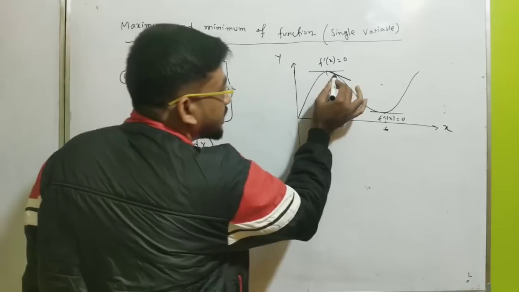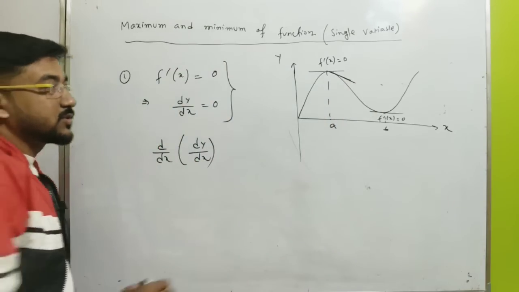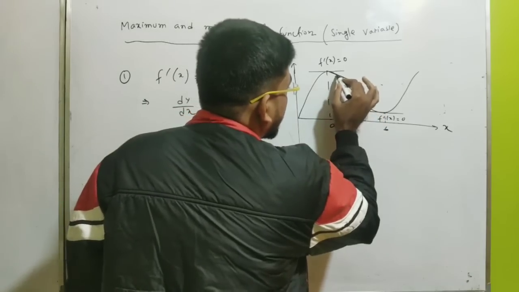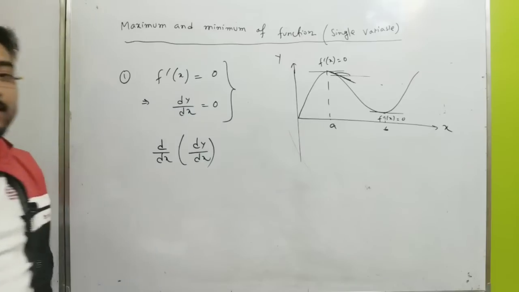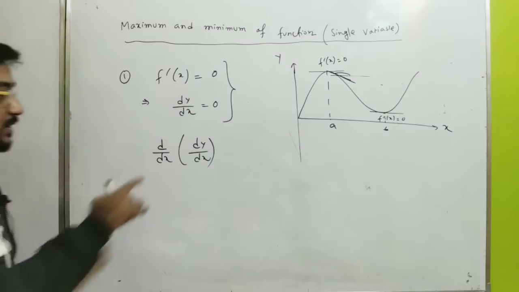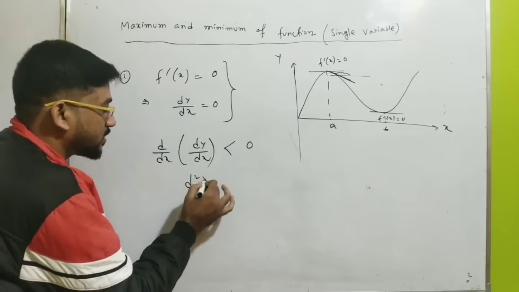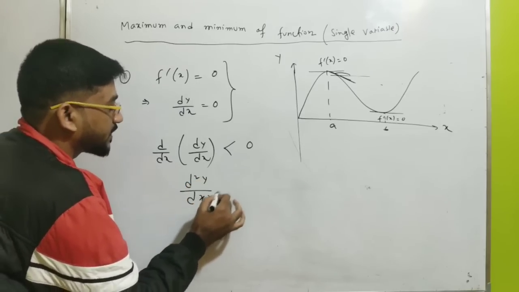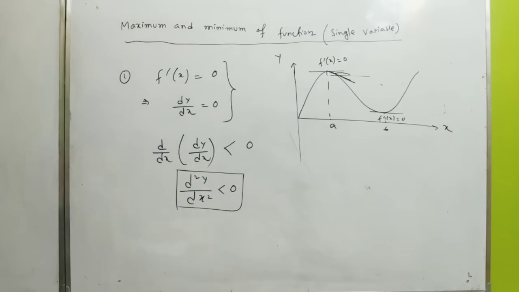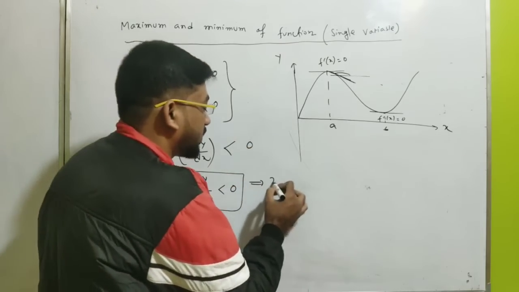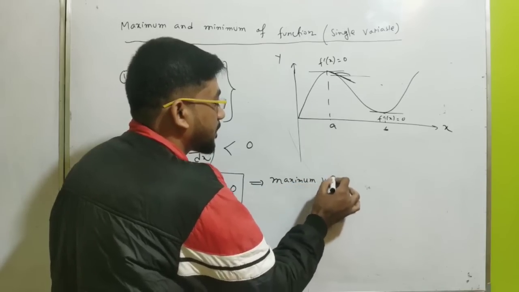And you can see that this slope is negative, because the angle made with the positive x-axis is greater than 90 degrees, so it will be negative. So if d/dx of dy/dx is less than 0, that means d2y/dx2 is less than 0. Then you can say that at that point the function has a maximum value.